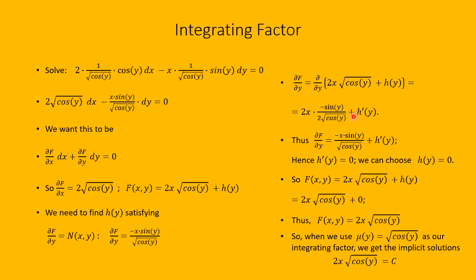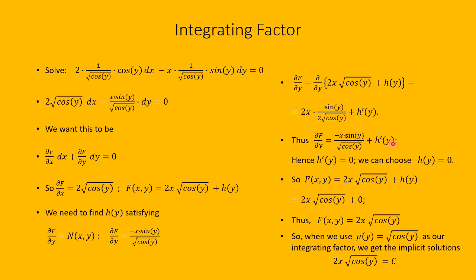So what we have here with a little bit of simplification is the partial of f with respect to y equals this stuff, and this simplifies a little bit because we have factors of 2 in both the numerator and denominator. So this becomes minus x sine y over the square root of cosine y plus h prime of y.